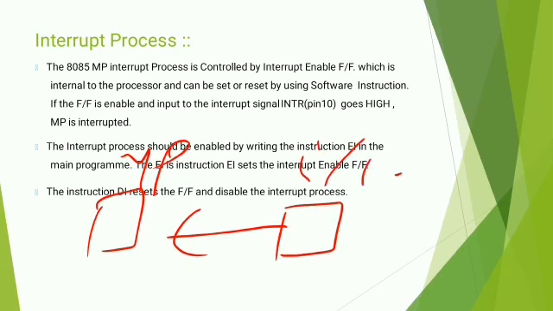This one is the I/O devices or peripheral devices. The CPU will act and initiate the process again when the interrupt request is generated by the peripheral devices to the microprocessor.